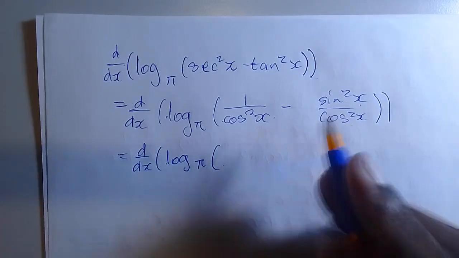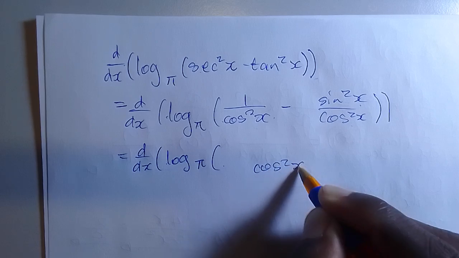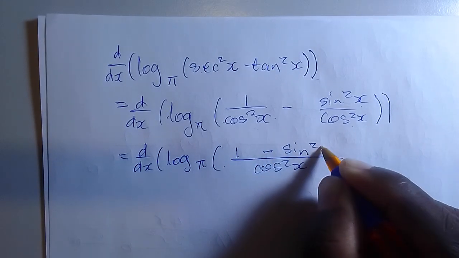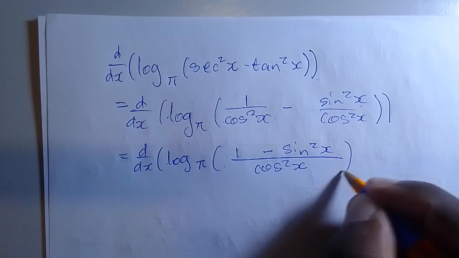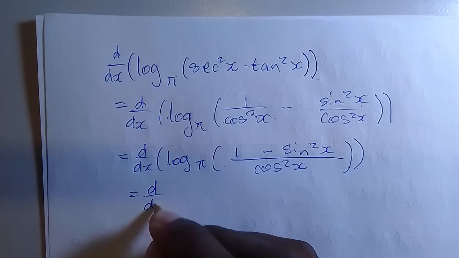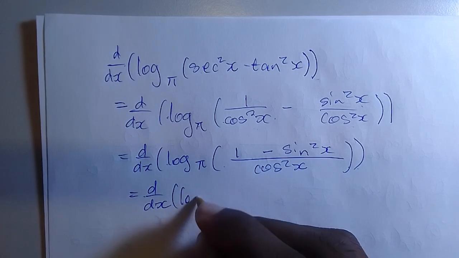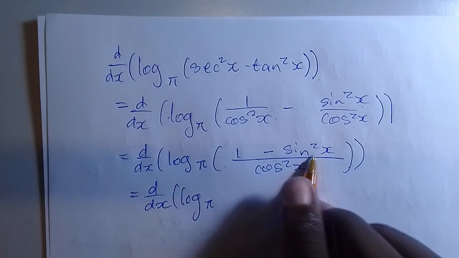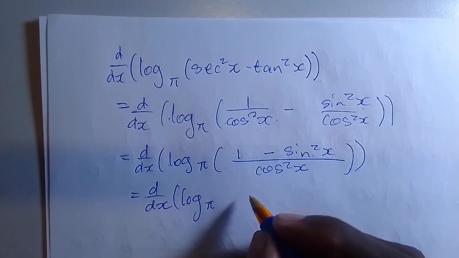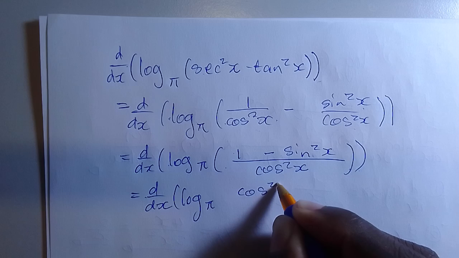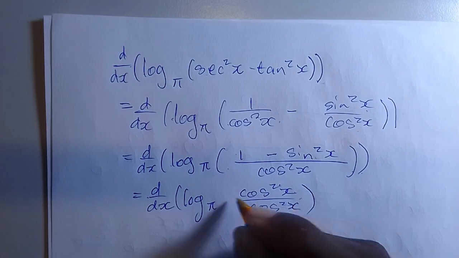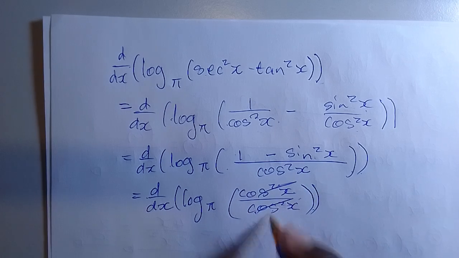We take the same denominator, cos squared x, and then we have 1 minus sine squared. Wow, I did not expect this. So we have d/dx of log base pi. 1 minus sine squared x is actually just cos squared x. Cos squared x, which just goes away.